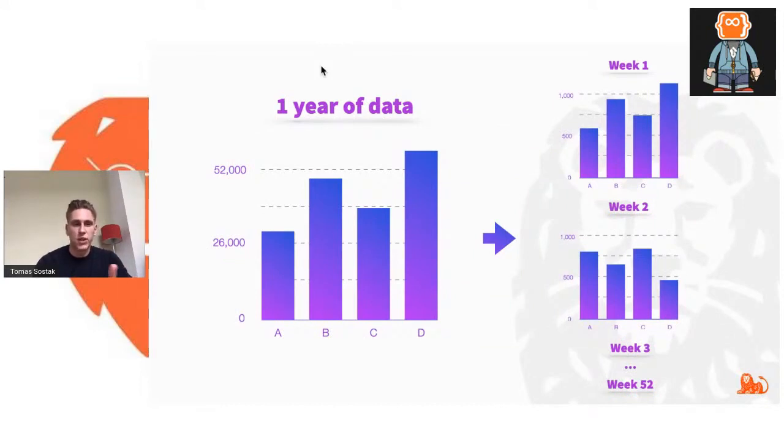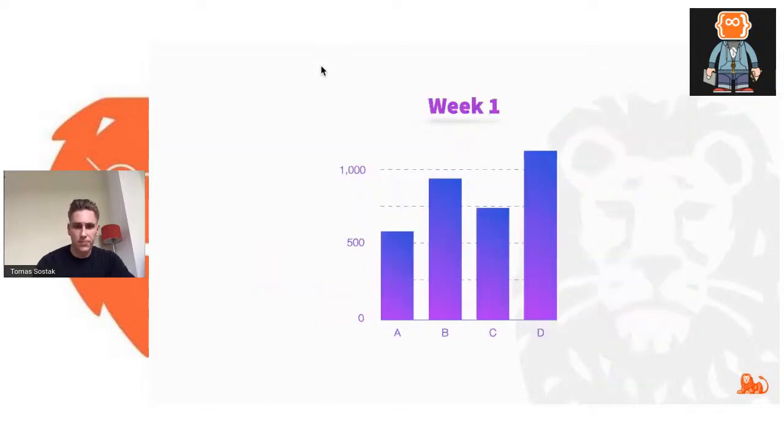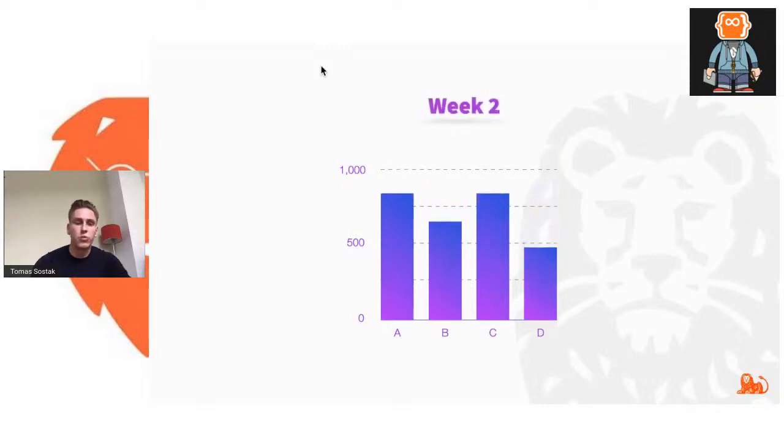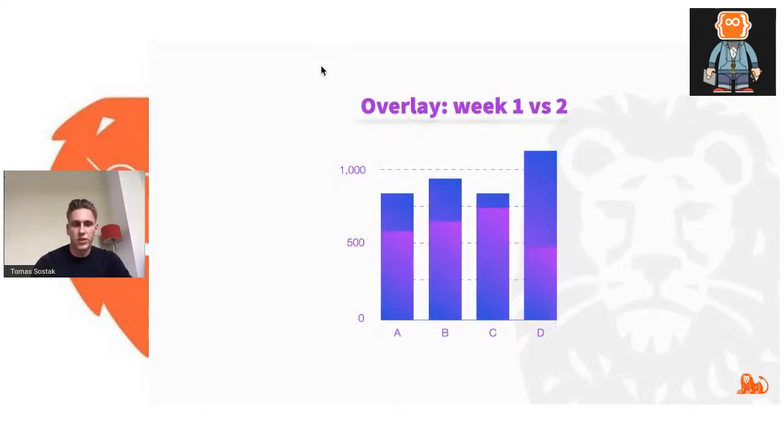So in this case, we split 1 year into 52 weeks and take consecutive weeks, like week 1, week 2, and we can see that the distributions are quite different. If we overlay them on top of each other, we can see that even better. Then we can visually see that those histograms are different, but as I already explained before, we would like to have it done in a more automatic way.